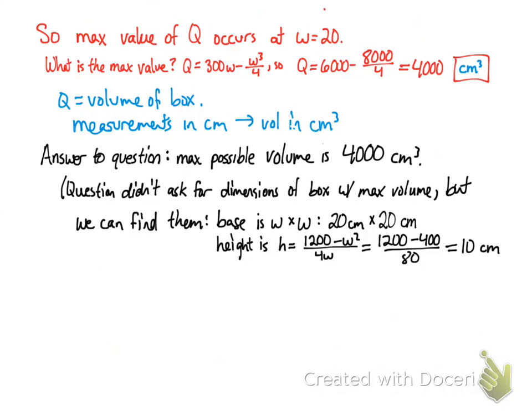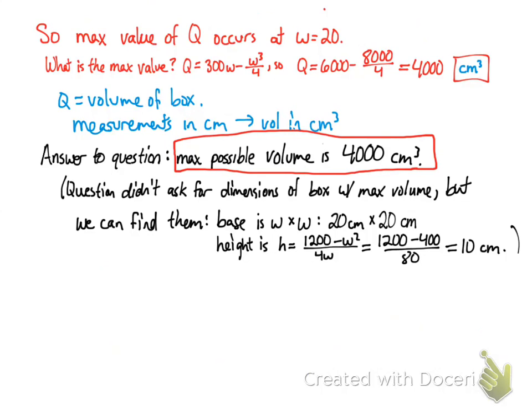So our box will be 20 by 20 base and 10 centimeters high, and that gives the maximum possible volume for our box, 4,000 cubic centimeters, given the constraint that we only have 1,200 square centimeters of material to use. Okay, so there's our answer. The maximum possible volume is 4,000 centimeters cubed.